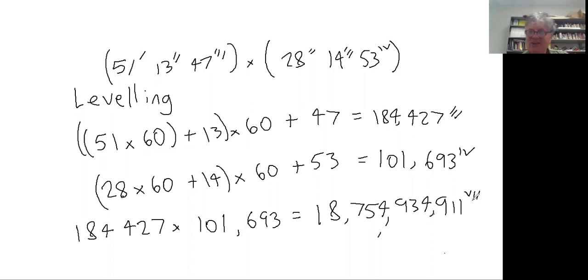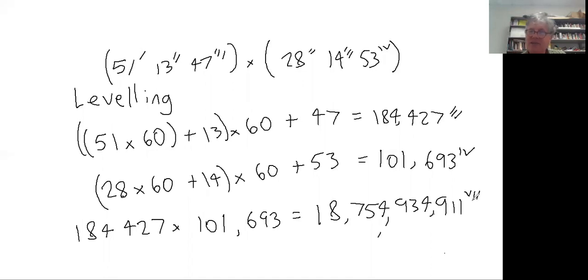And then you would do the process of converting it back to a sexagesimal number, and you do that by first converting sevenths to sixths, right? So you divide by 60. You get some number plus a remainder. That remainder is the number of sevenths in the answer.